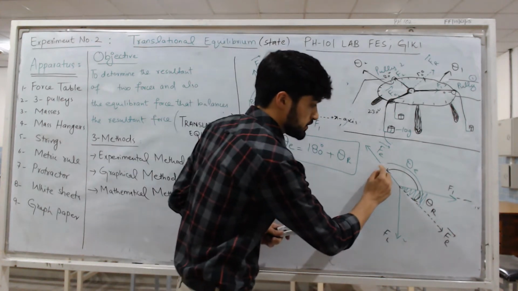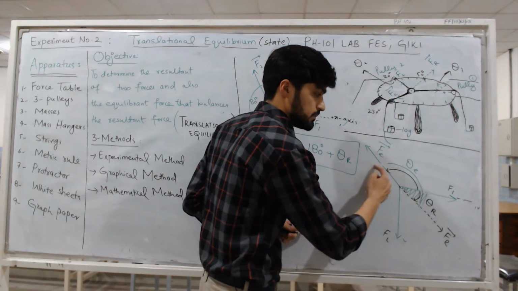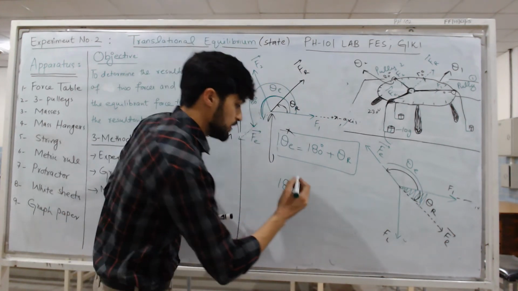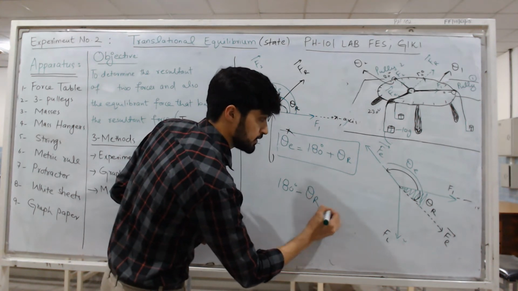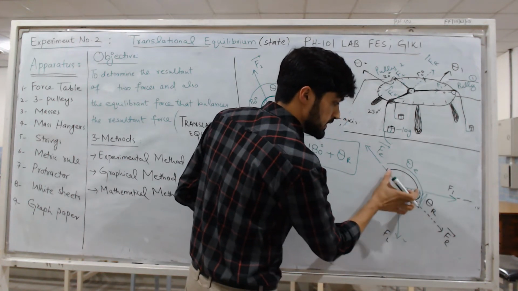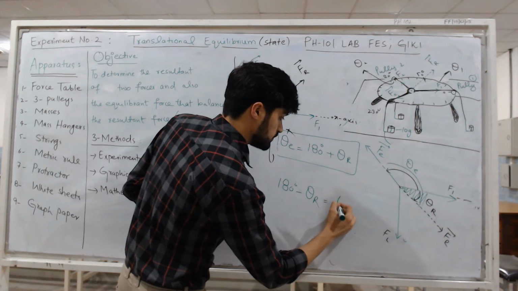Means if I subtract 180 degree minus theta R, I will get this angle. So it is equal to theta E.